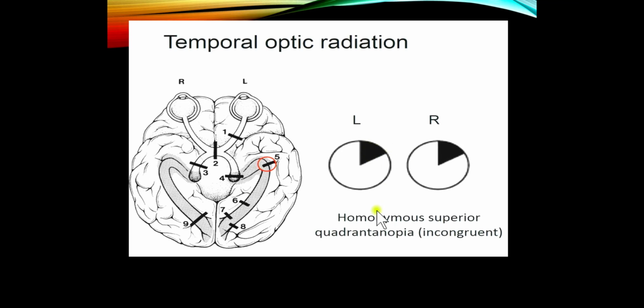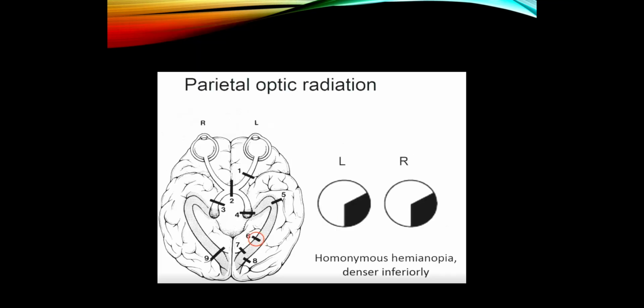So it's a homonymous superior quadrantinopia. It's a little quadrant. It's actually a little bit less than a quadrant. Now here it says incongruent, but these are congruent in this case. They're identical from side to side, but it can be a little incongruent. Okay, so if you find this on examination, you know exactly where the lesion is. You're going to get an MRI scan and you're going to find something in the temporal lobe.